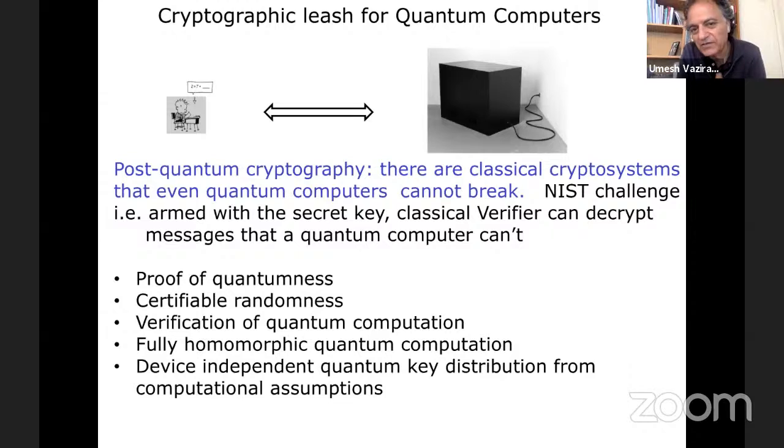So as long as your classical cryptography is not broken during the protocol, then the keys that you get are information theoretically secure and random.